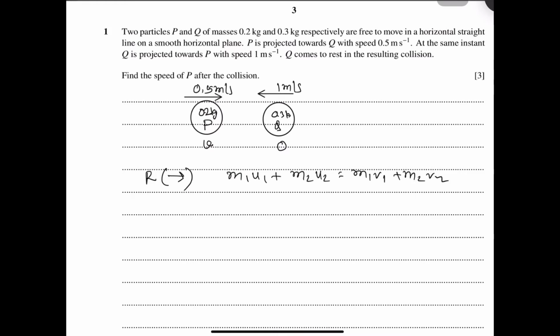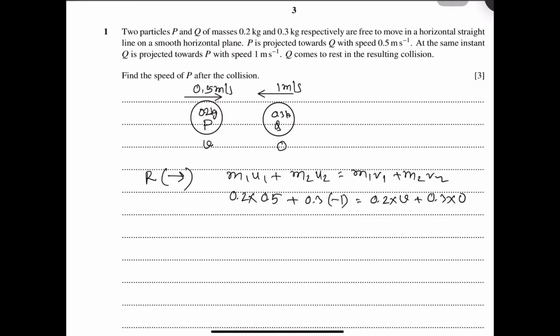Now let me place all this. 0.2 into u is 0.5, 0.3. Obviously you must be careful with the sign, changing the sign because direction is opposite. m1 is 0.2, v1 is, let me write it v, and this is 0.3 and this speed is 0.